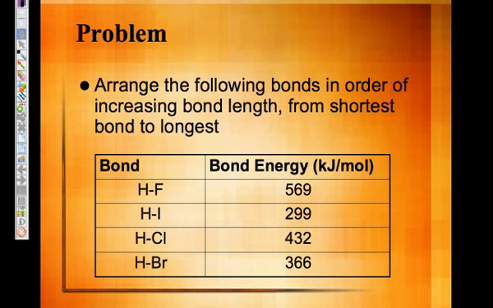Look at the trend though in the halogens. If the strongest is HF, and then it went HCl, then HBr, and then HI, look at that trend. Pretty much you're just following what they tell you on the numbers. Yes, we're going from highest to lowest. The highest energy would be the shortest bond.